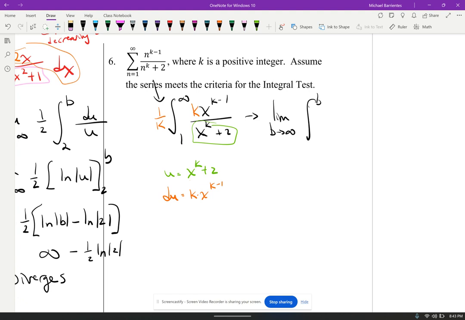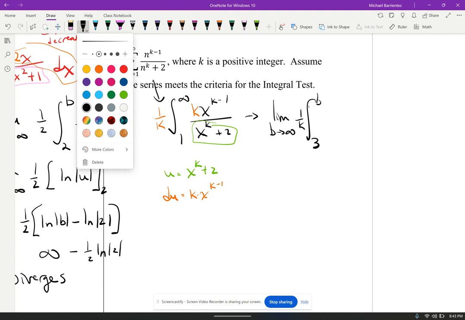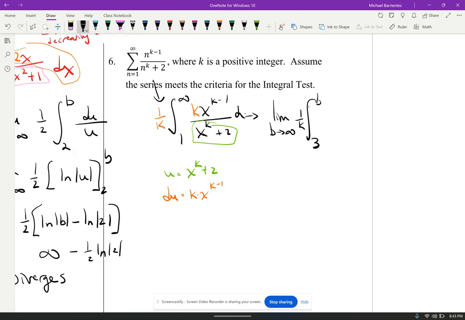Let me change this color to just a regular black marker here. I still have this 1 over k. And I'm sorry, I forgot to originally put a dx here. So now all of this would be du, and this part is my u, so that's in the denominator, and once again I have this natural log.